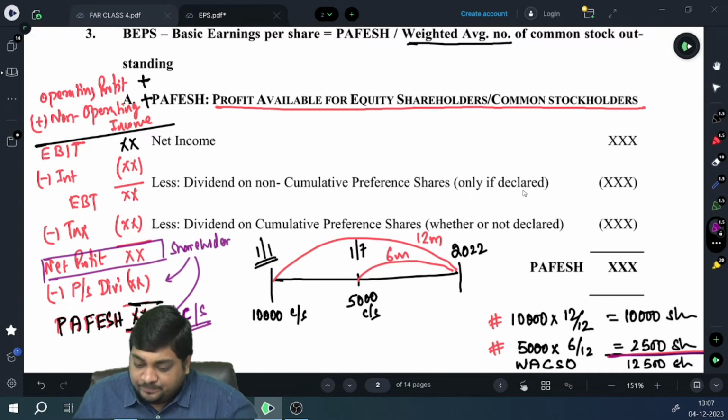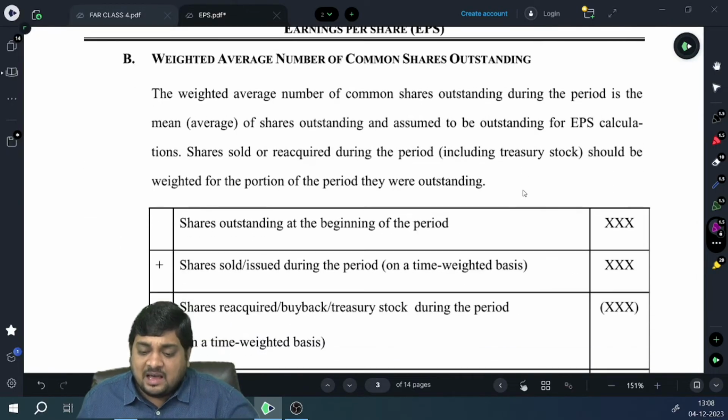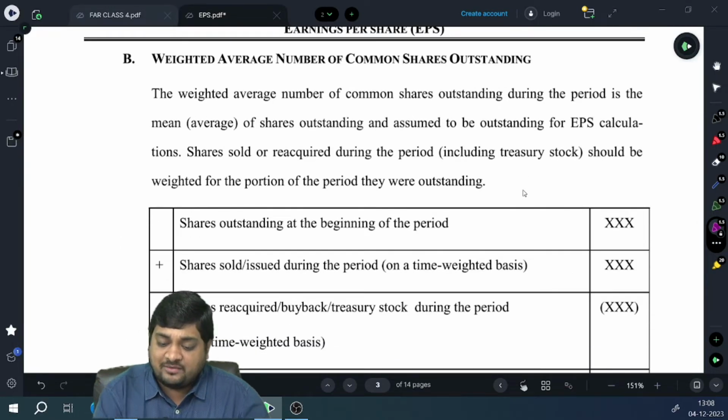We will also have a few practice sessions where we solve a good number of questions, but you need to practice on your own as well. Go to a problem, see the hints and comments given, and learn from that. Now, this weighted average number of common stock outstanding, I have told you.